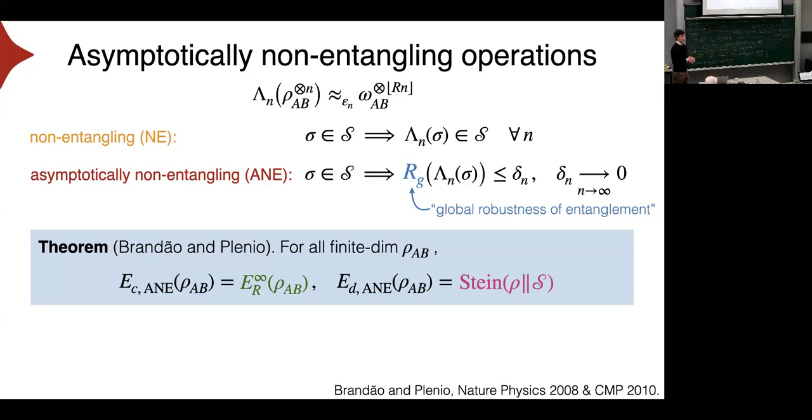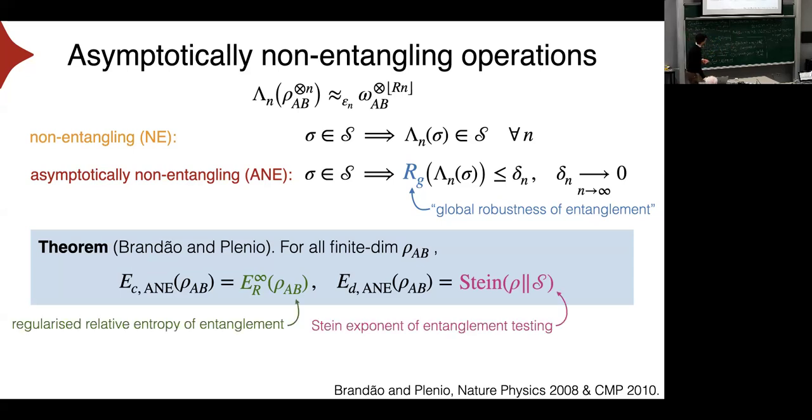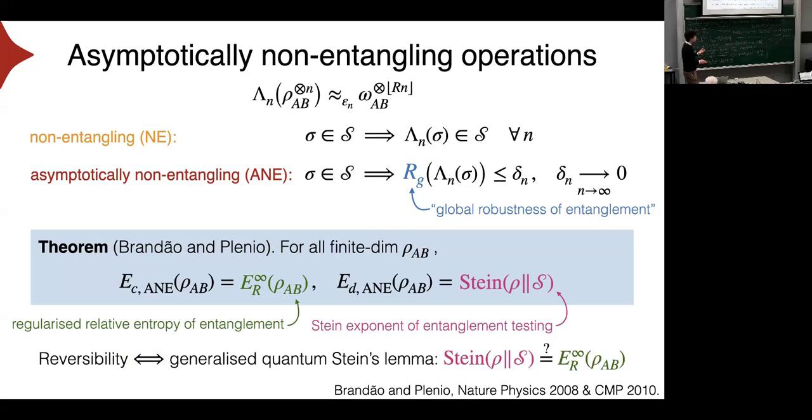So it seems we're almost done, right? We just need to show that these two are equal. So reversibility really is also equivalent to this generalized quantum Stein's lemma. If you can prove that, you will prove that the cost is equal to the distillable entanglement under ANE for all states. That's quite nice.